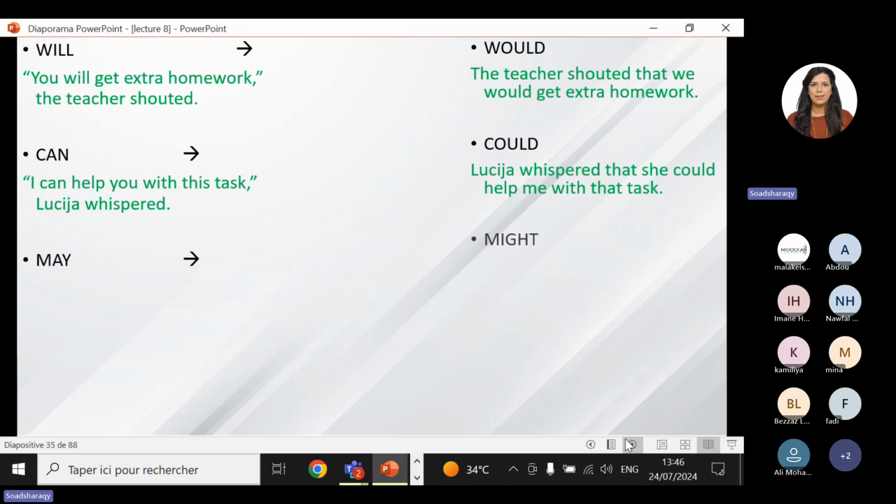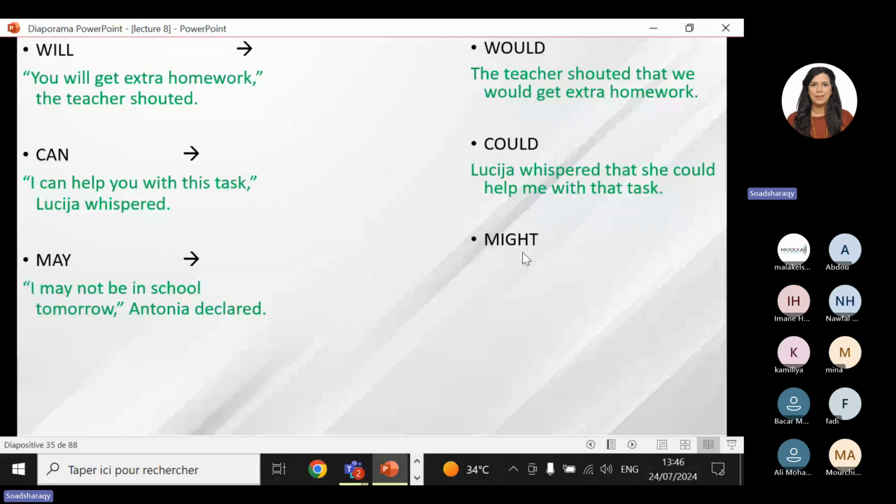Next example, read the sentence and transform it into reported speech. I may not be in school tomorrow, Antonia declared. Antonia declared that she might not be in school tomorrow.